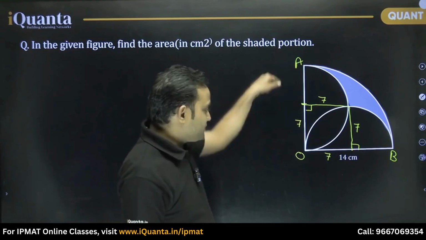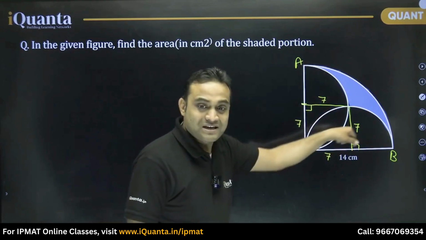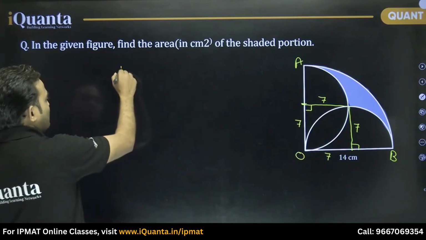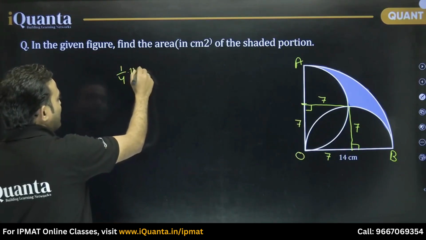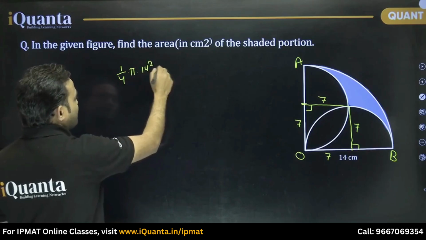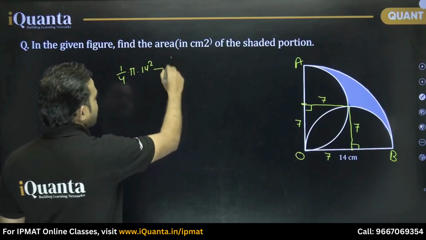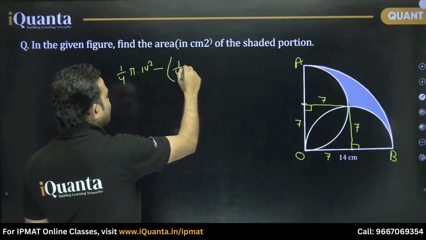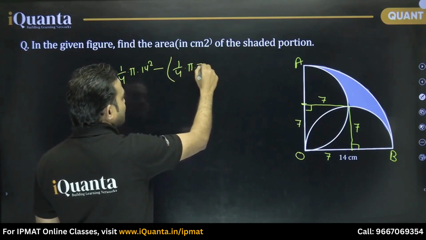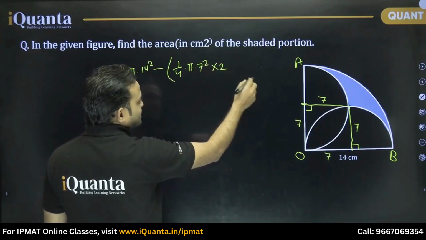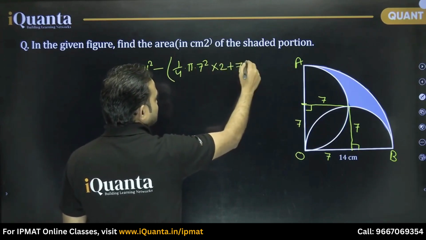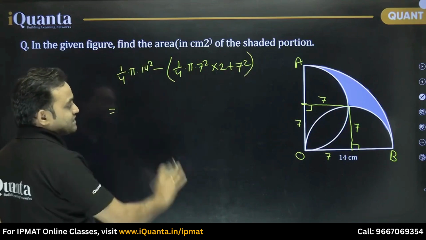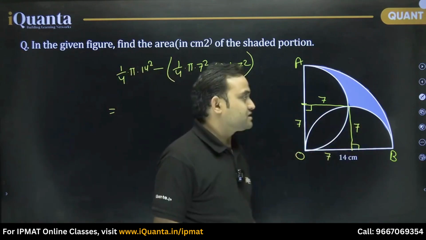So area of this shaded quarter circle will be equal to, so radius is 14, so 1 by 4 into pi into 14 square minus area of this quarter circle will be 1 by 4 into pi into 7 square, and there are two such quarter circle plus 7 square. So this will be the required area, the area of this shaded region, right?